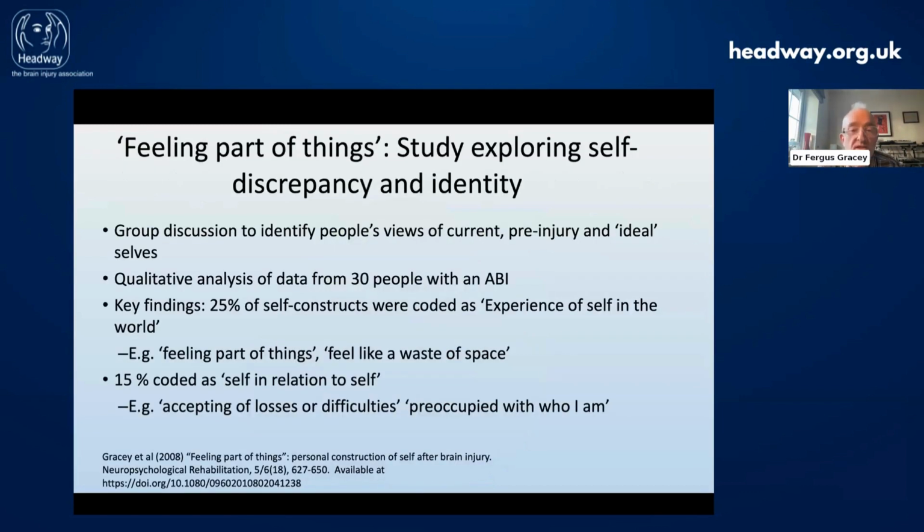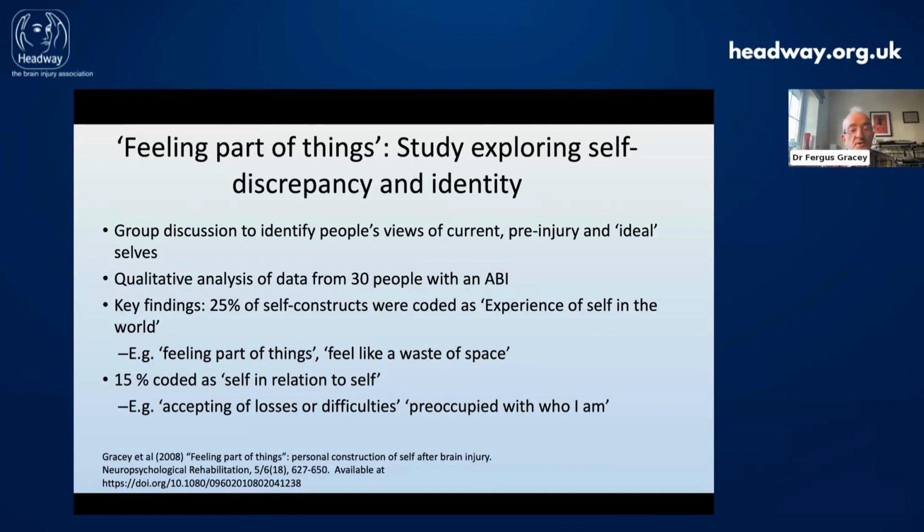So we were investigating this fifteen odd years ago at the Oliver Zangwill Centre. We asked people with a brain injury to tell us about their current, pre-injury and ideal selves, and compare and contrast those ideas about themselves. And we analysed this to see what the themes were.